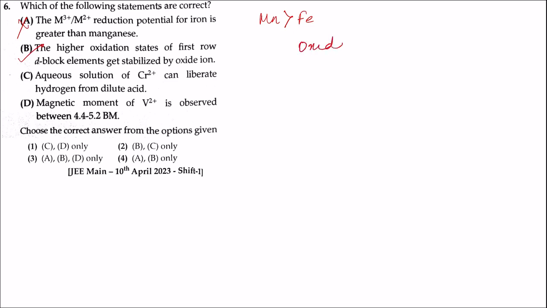oxides and in their fluoride, because these are the most electronegative atom. A metal can form oxide in different oxidation states. C. Aqueous solution of Cr2+ can liberate hydrogen from dilute acid. This statement is also correct because reduction potential of chromium is less than hydrogen.